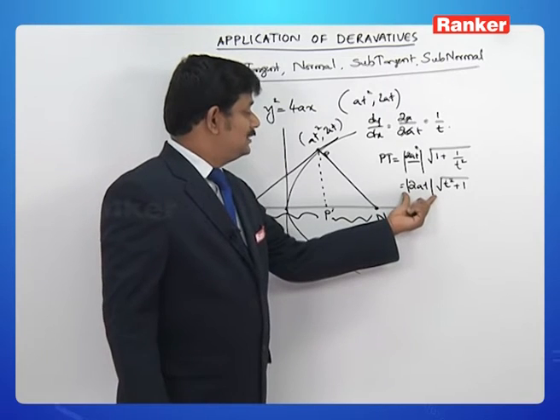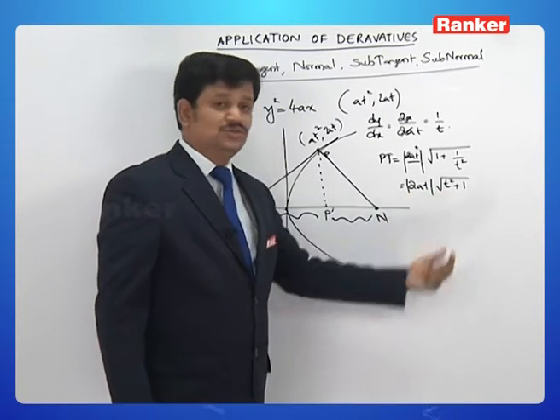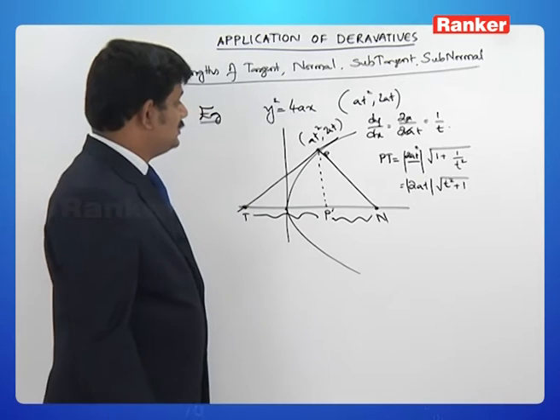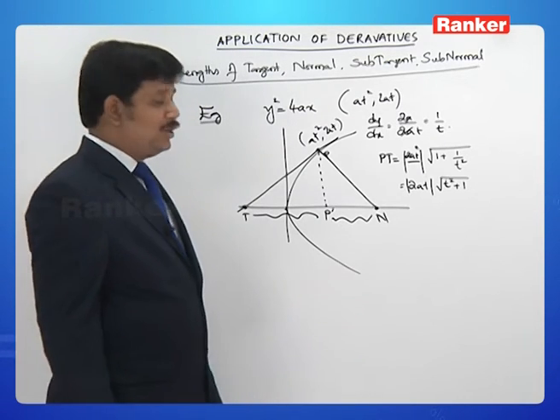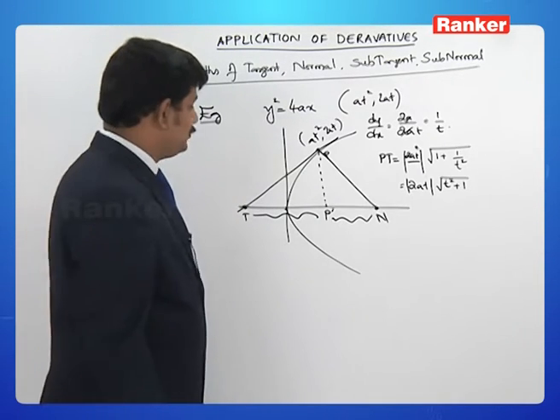So the length of the tangent PT is mod 2at root over t square plus 1.